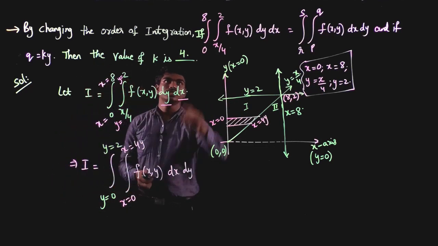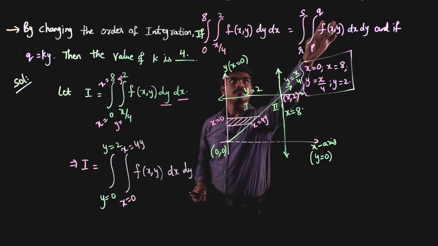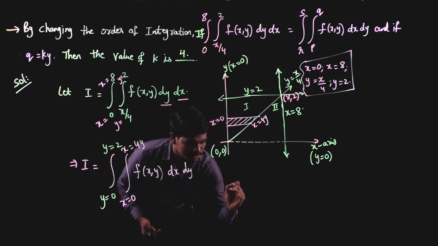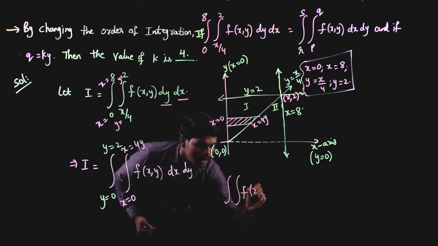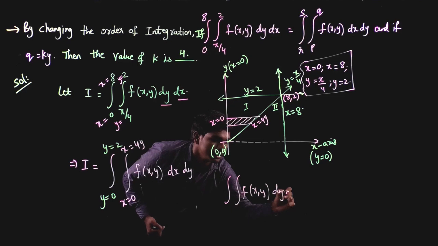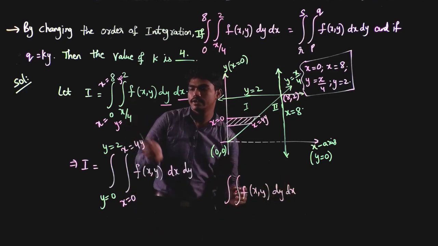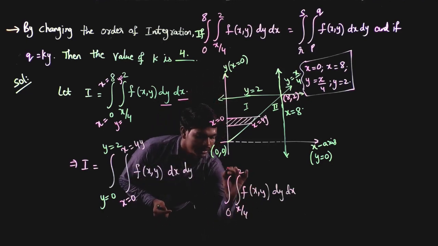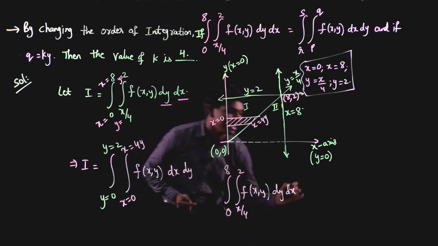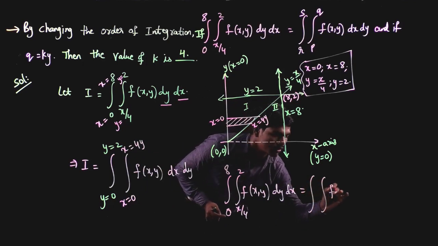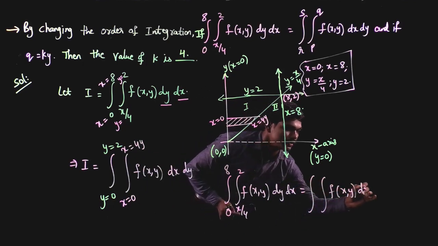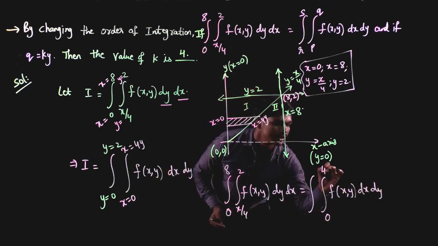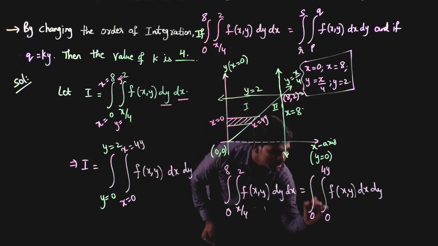Understood? Which means this integral basically gets converted to this, where we have p, q, r, s values as 0, 4y, 0 and 2. If you generally summarize the result, double integral f of x comma y dy dx with limits x by 4, 2 for y and 0 and 8 for x is same as double integral f of x comma y, changing the order of integration dx dy, and if you interchange the limits, we have 0, 4y and 0 and 2.